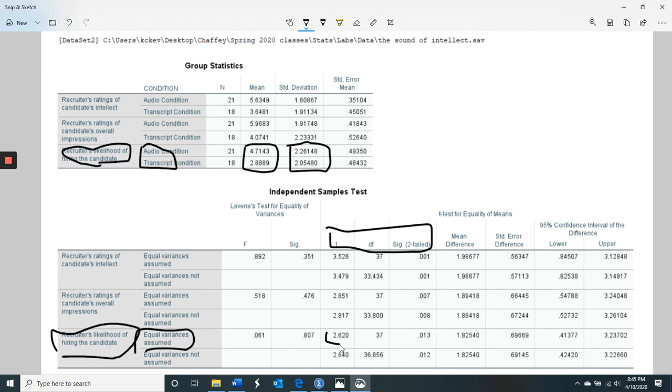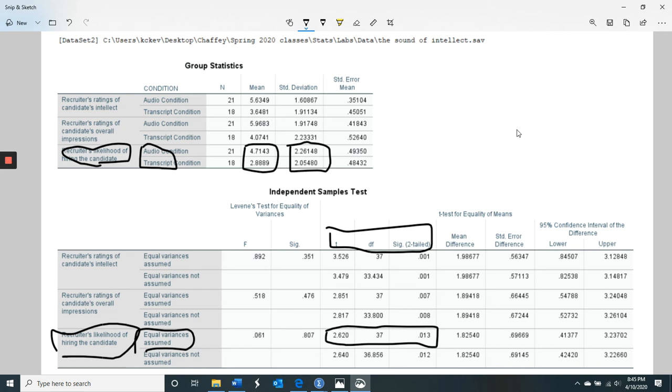Officially we're supposed to divide that by 2 because it's a two-tailed significance level, since we had a prediction of audio is greater than transcript. But we can see here that it's going to be like 0.007 or 65. I'm just rounding it up. So basically it's a 0.7% chance.